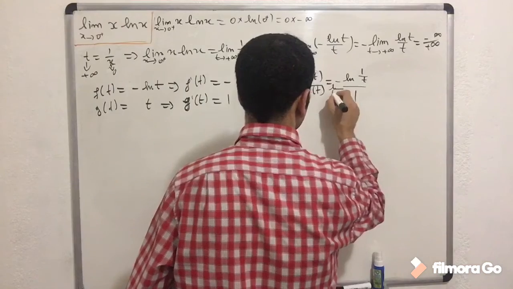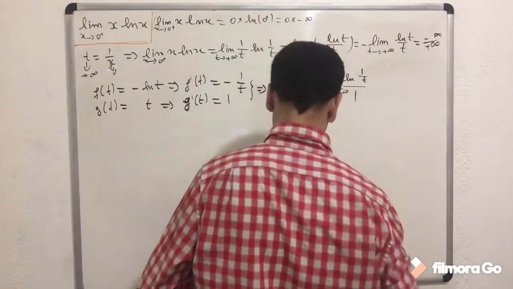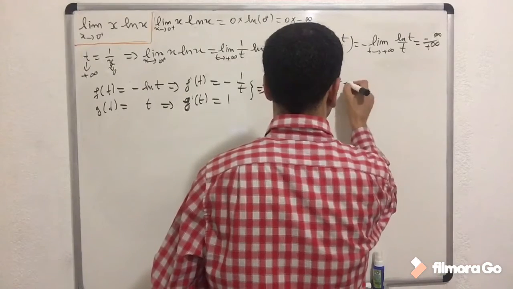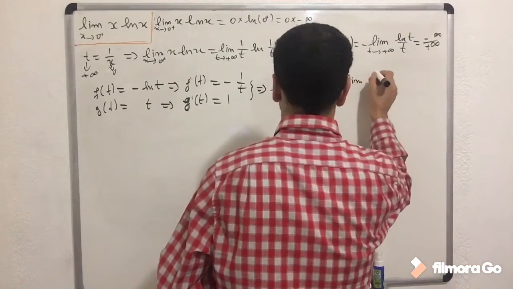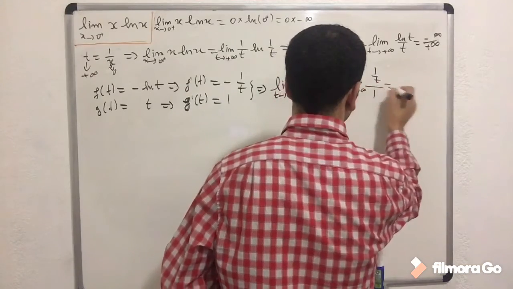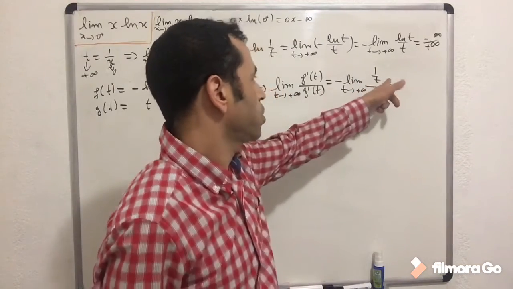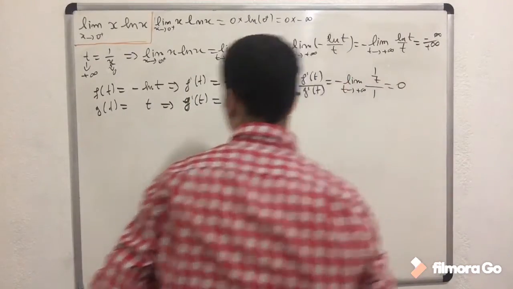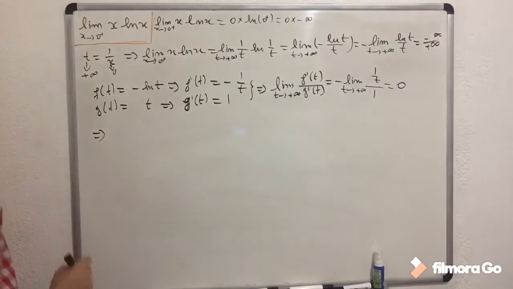Let's make it very clear: minus the limit of 1 over t over 1, as t goes to infinity. 1 over infinity is 0. 0 over 1 is 0. So this one is 0. So we found our limit. Now it's easy to find it.